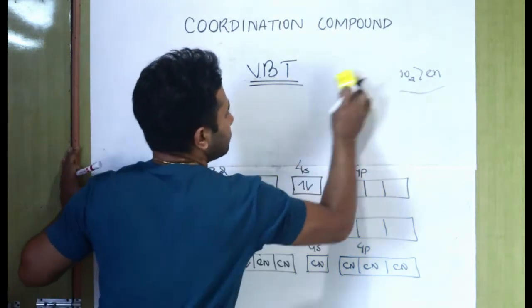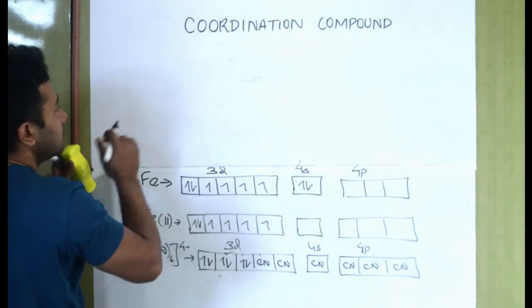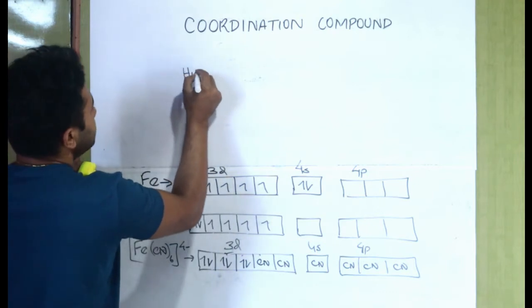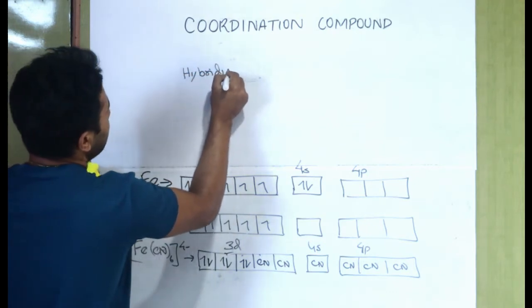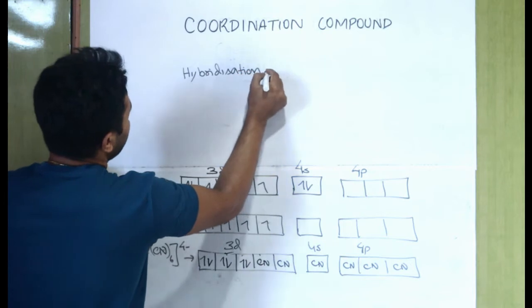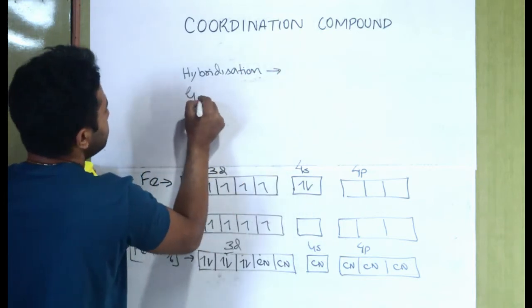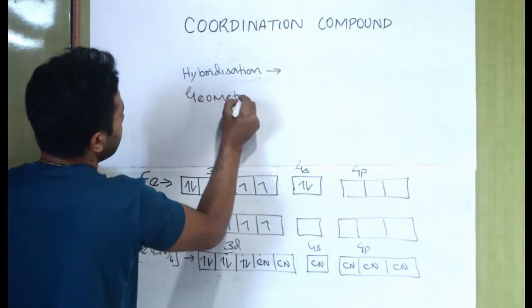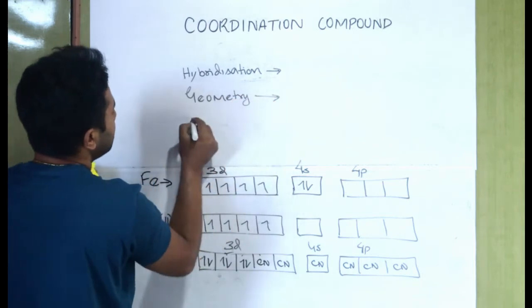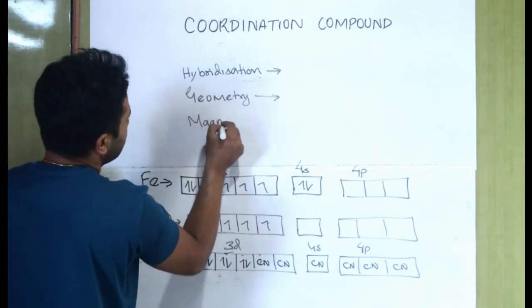So now I will write the hybridization, geometry, and the magnetic property.